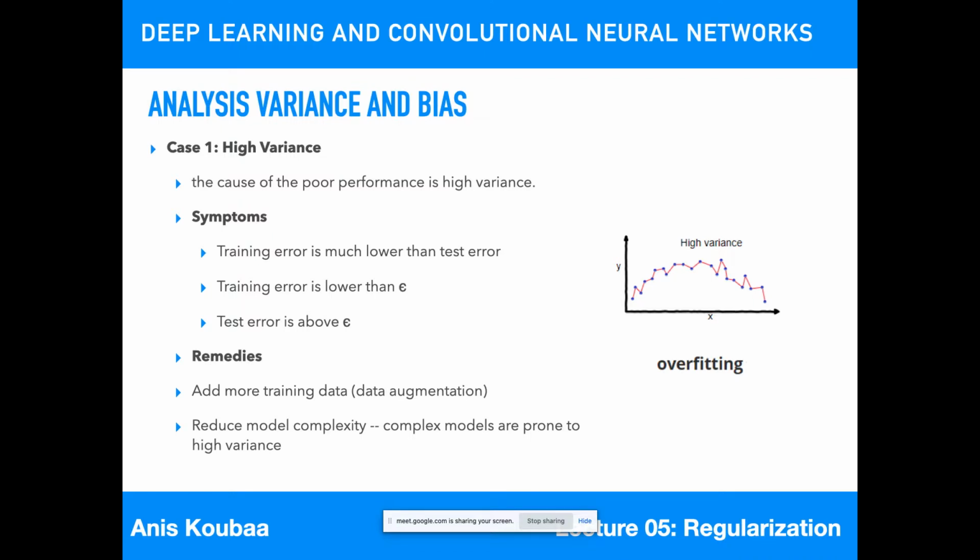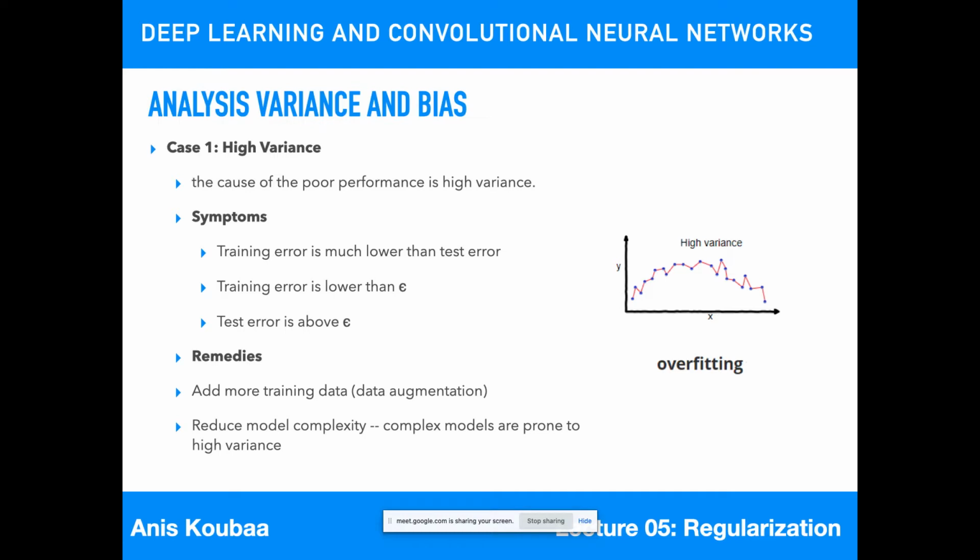So how to overcome this? Maybe this model doesn't have enough data, so we need to do data augmentation. We can do data augmentation by collecting more data and adding it to our data set. Or there are also some techniques in TensorFlow for data augmentation, which we are going to introduce maybe in some next lectures.